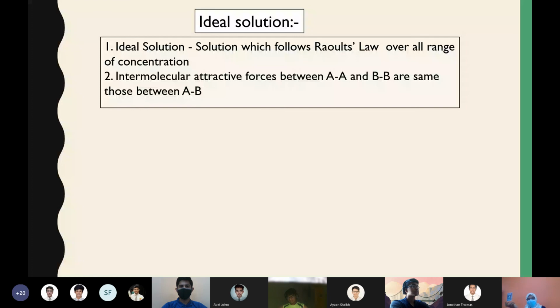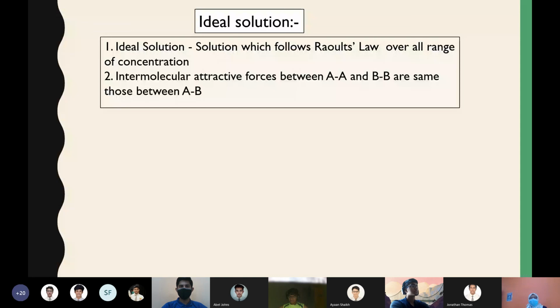If it does not follow Raoult's law in different concentration ranges, it comes under non-ideal solution. Just like gases, solutions can be classified as ideal and non-ideal based on Raoult's law.